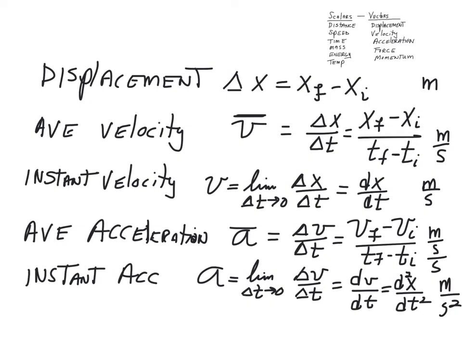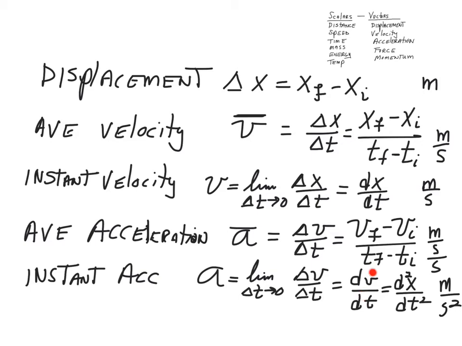And so when we get to acceleration, if we just take a final velocity minus initial and divide it by the time, we get the average acceleration. But if we want the acceleration in an instant, we have to do the same thing we did here. We have to take the change in velocity over a short time interval, ideally a very, very short time interval, an infinitesimally small time interval, and then we get the derivative dv dt.